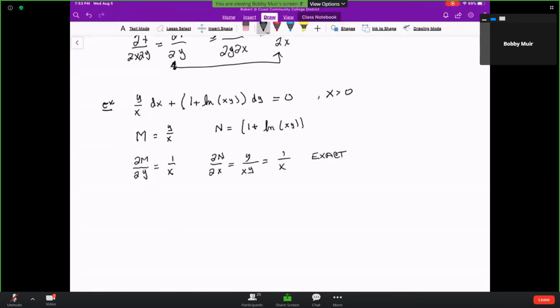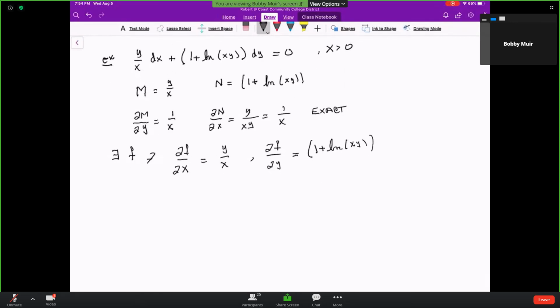So the procedure here is pretty straightforward. There exists a function f such that the partial derivative of f with respect to x is y over x, and the partial derivative of f with respect to y is 1 plus the log of xy. By the way, the restriction that x is positive means that y must be positive too.